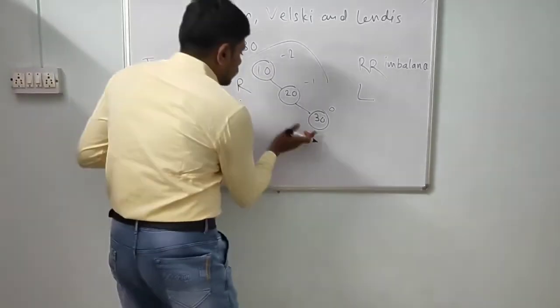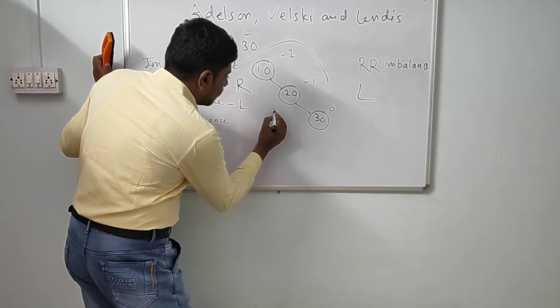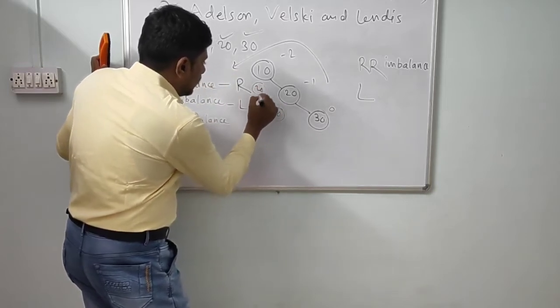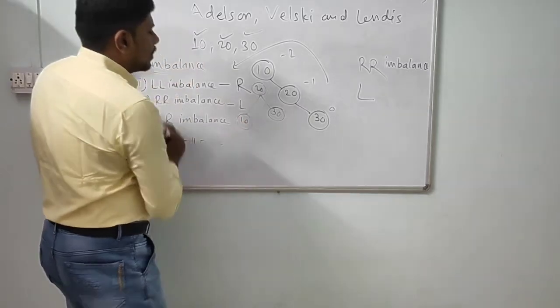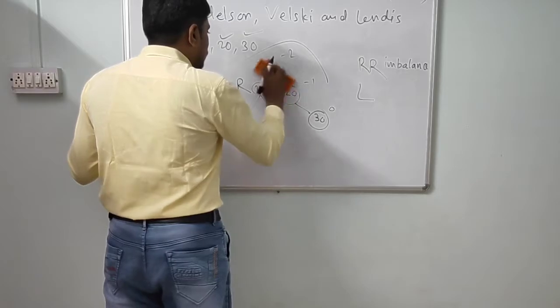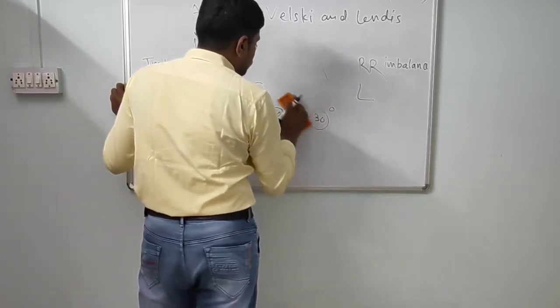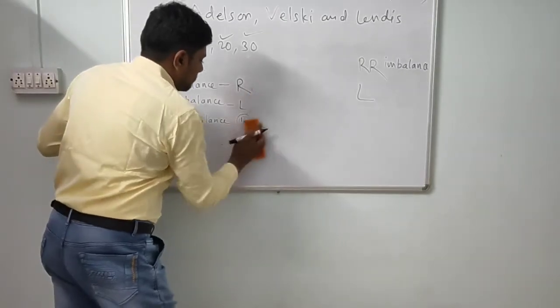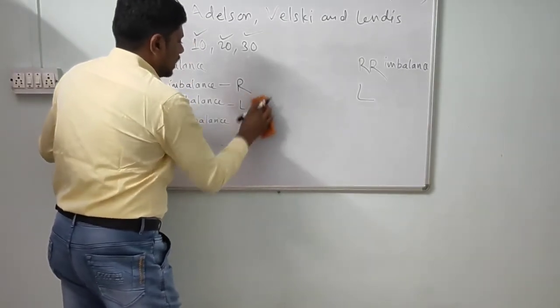So 30 will take the place of 20, 20 will come here, and 10 will come here. Now you can check the balance factor of this. The tree will be like this.